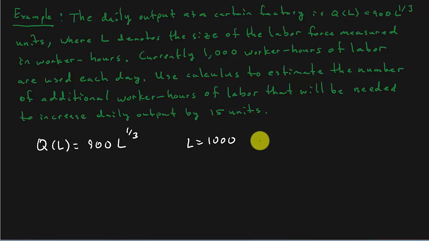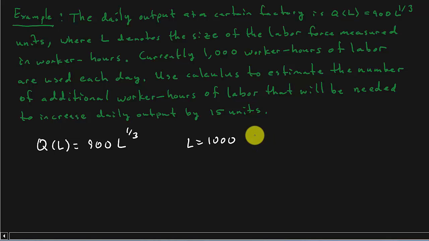So what is that? Q of L units, and so delta Q is equal to 15. That's the change in units.